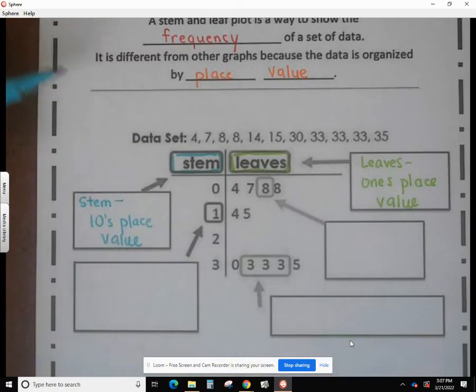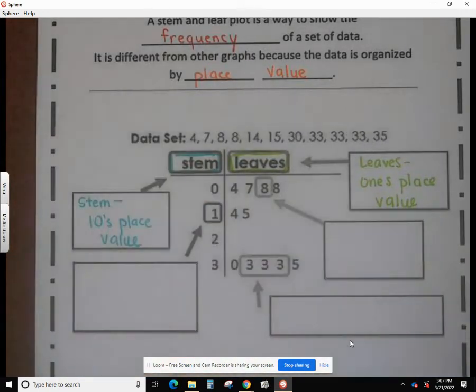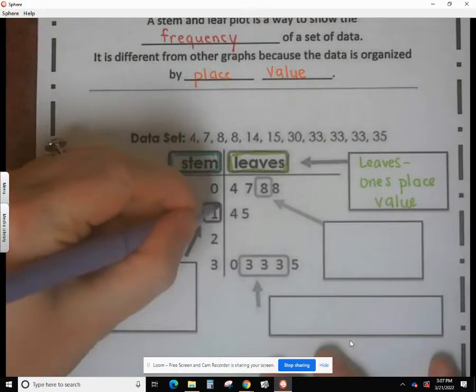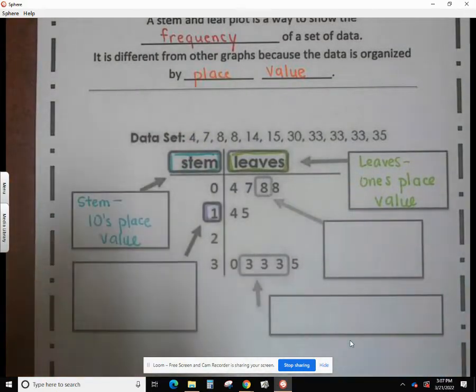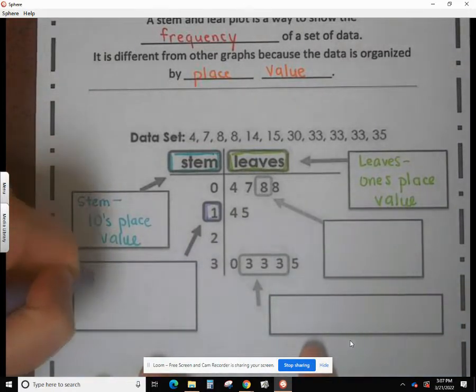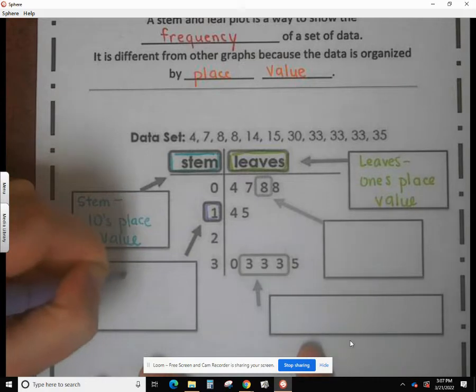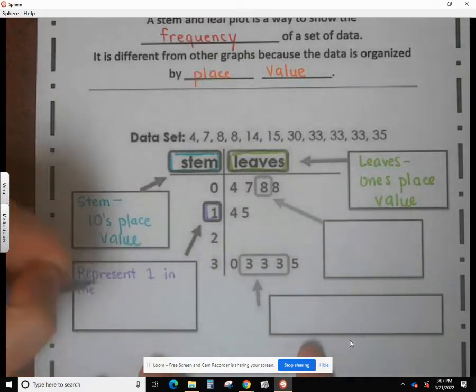So let's look at a few things on this stem and leaf plot. This 1 that it has boxed in, you don't want to get confused thinking that that is the number 1. So what this represents is 1 in the tens place.